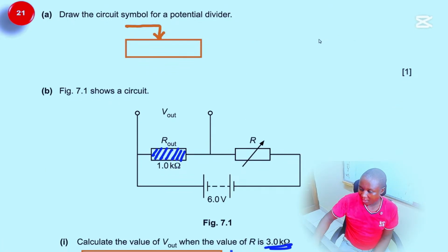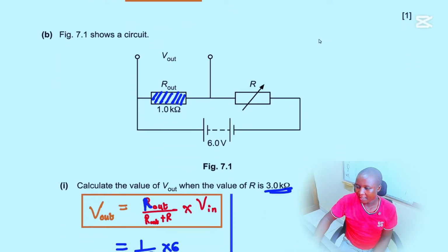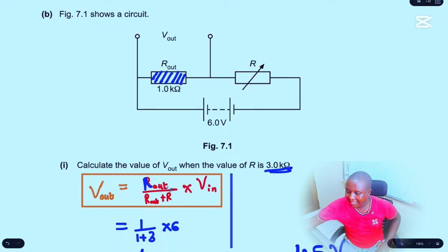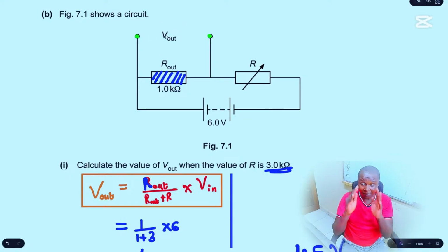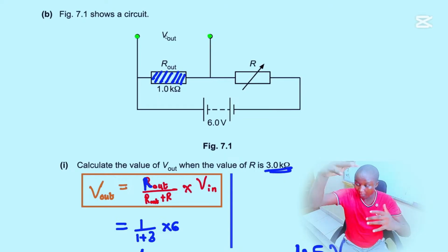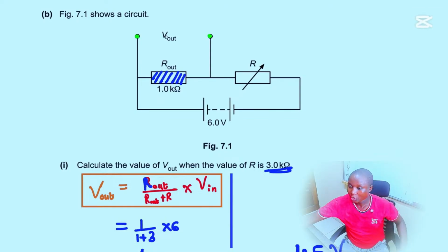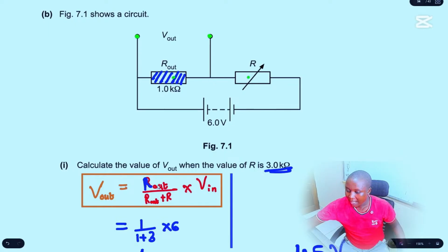So let's look at this potential divider. Remember, the formula you use whenever you're given a potential divider question is for R out. R out is the resistor where you are going to pick the voltage. V out, the voltage that will be taken out from that section, is going to be R out over the total resistance, and the total resistance will be R out plus R. So R out over R out plus R times V in.